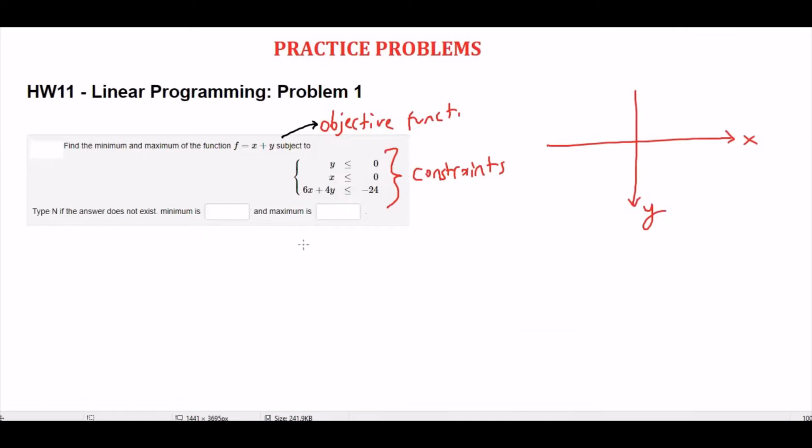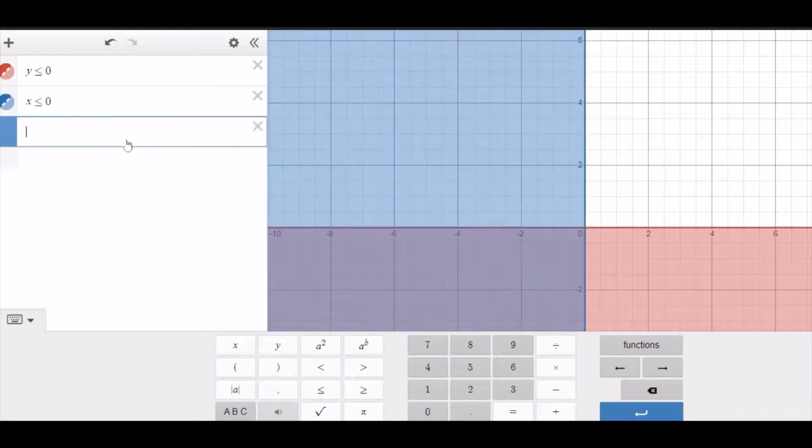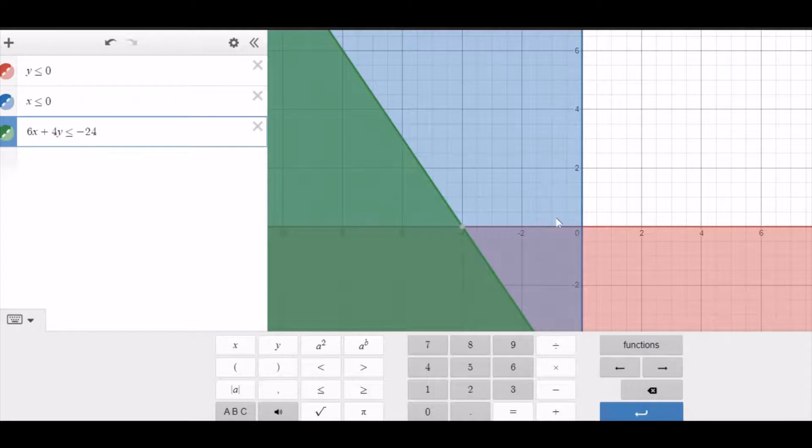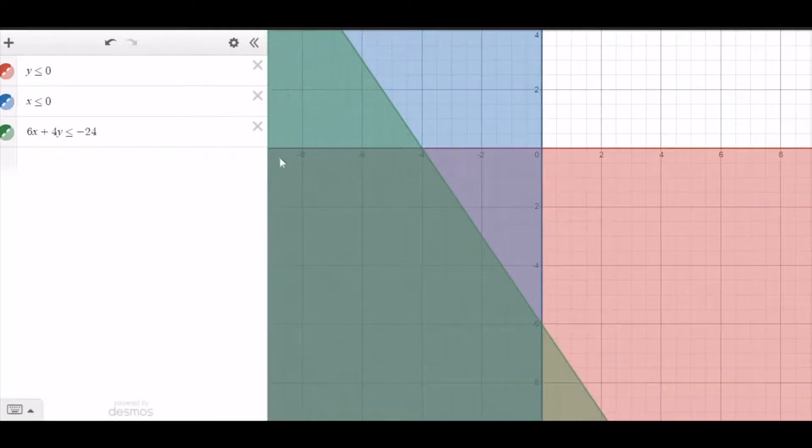And finally, 6x plus 4y is less than or equal to negative 24. Okay, now we can see that this is our region.